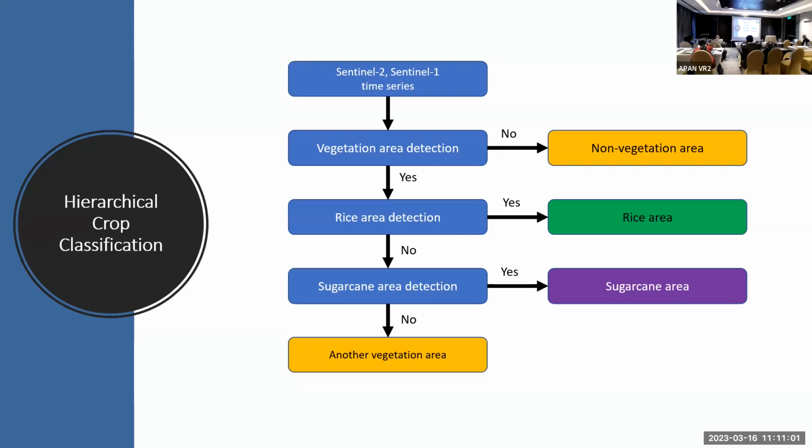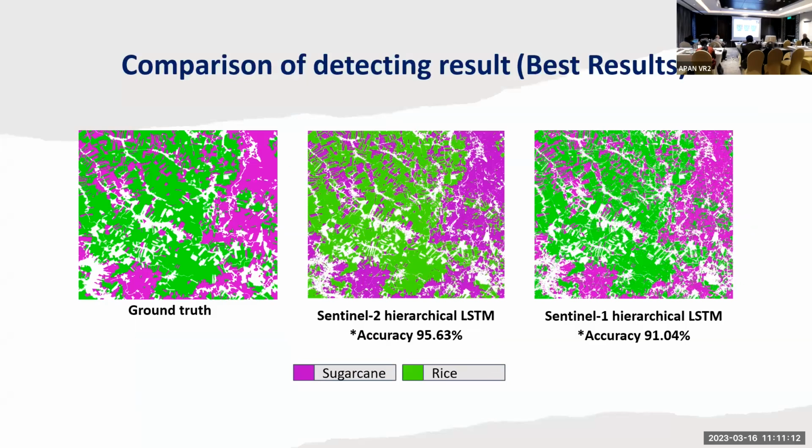For example, the next crop I could choose is cassava, and so on. I tried separate models for Sentinel-1, the radar, and Sentinel-2, the optical, and this is the best accuracy I can get. It's usually very high. However, it's not practical because of some problems.